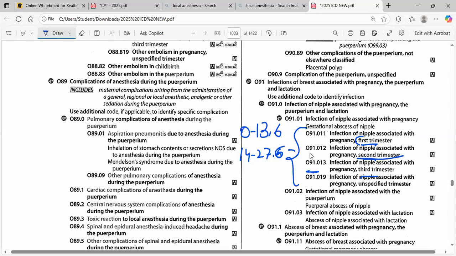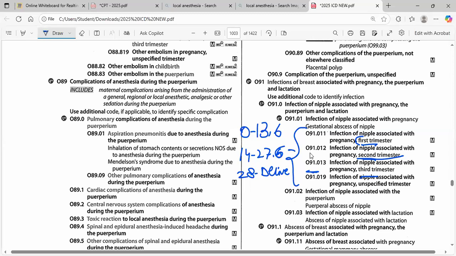And if the pregnancy is between 28 to delivery, that will come under the third trimester. So first trimester, 0 to 13.6 weeks. Second trimester, 14 to 27.6 weeks. And the third trimester will be 28 weeks to delivery.